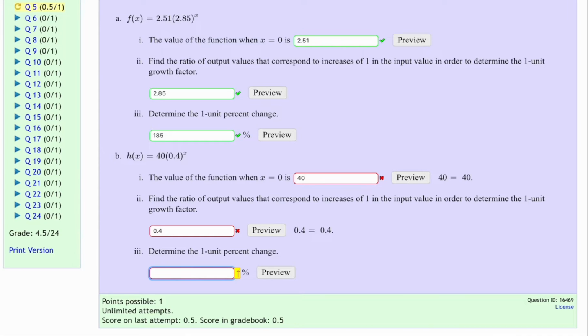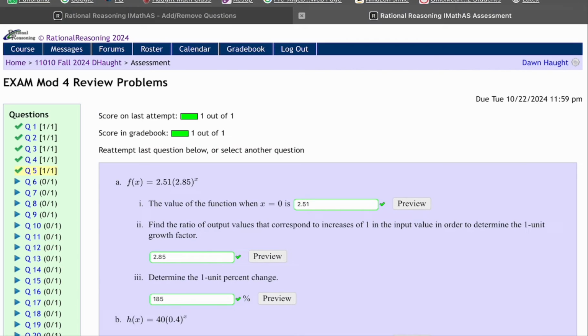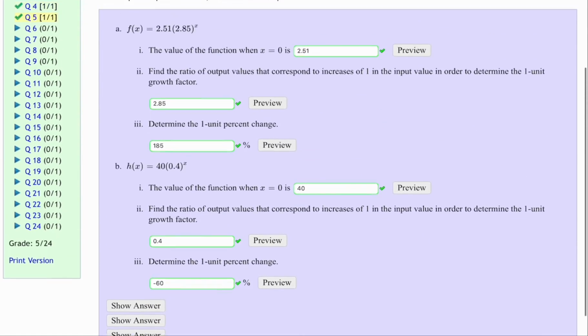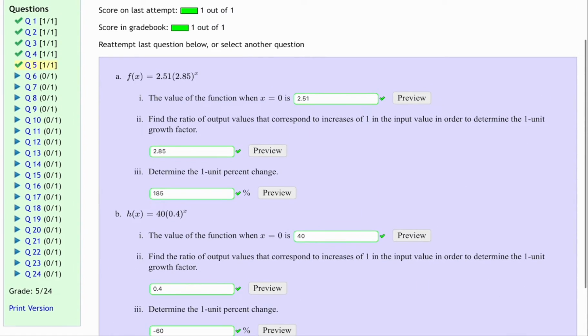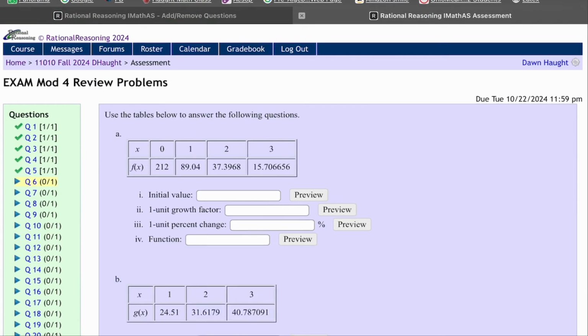So 40% minus 100% is negative 60%. So make sure that if you subtract 100% or subtract 1, if you get a negative, you have to put the negative. Okay, so that is question 5. Let's move on to question 6.